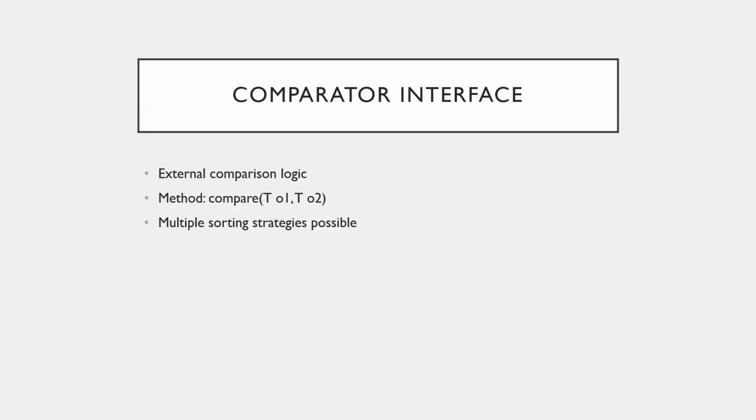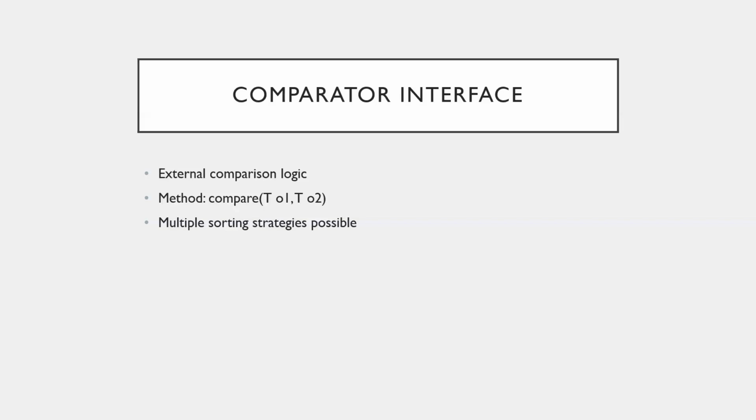The Comparator interface, on the other hand, uses external comparison logic. It's outside of the class. It'll become more apparent when we run the code. The method it uses is the compare method, not compareTo, just compare. It compares two objects based on some rules written in the overridden compare method. And this allows multiple sorting strategies.